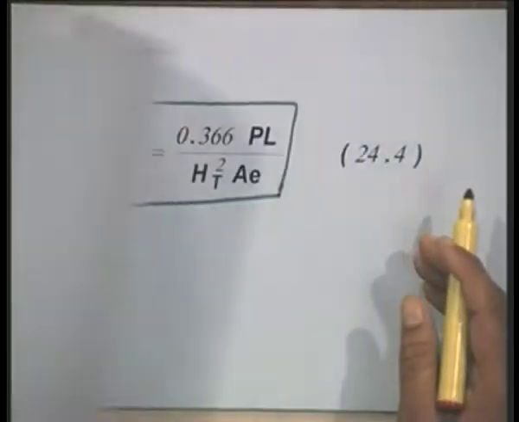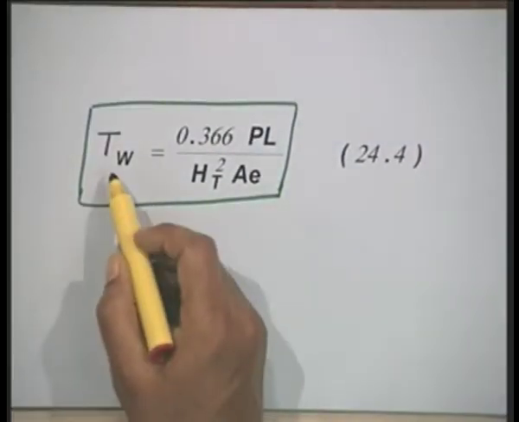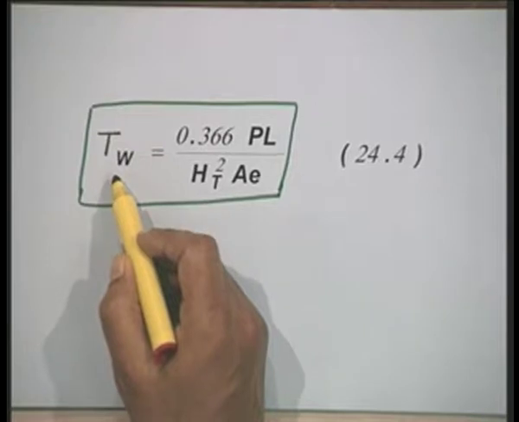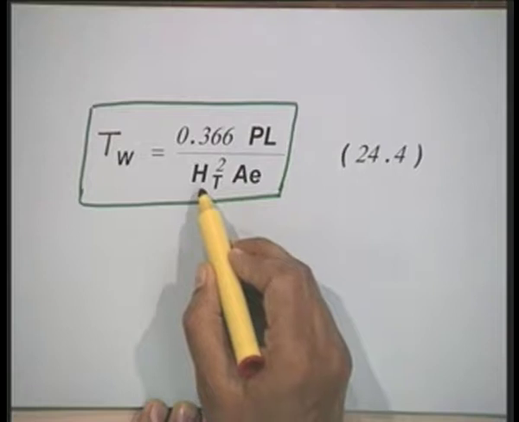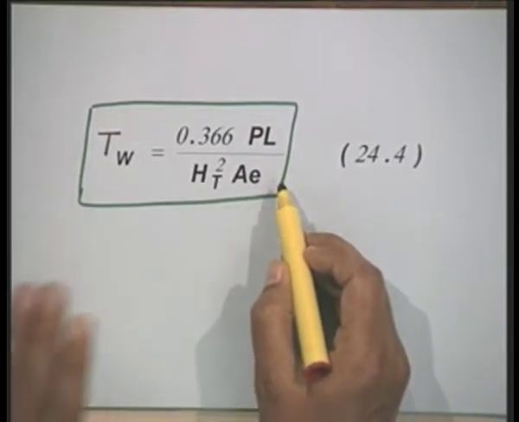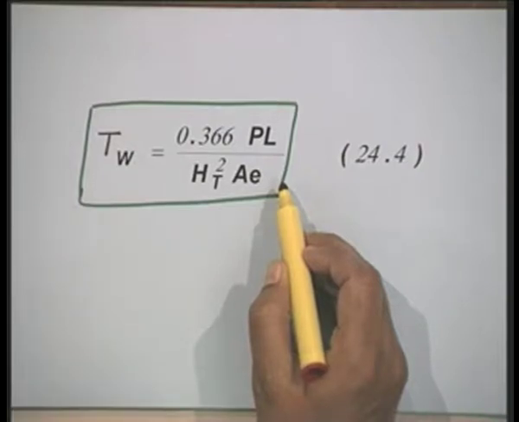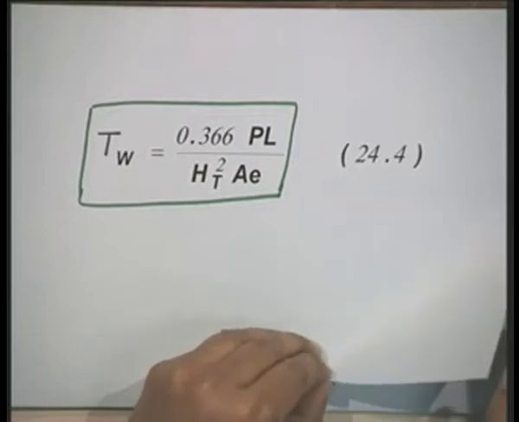When we make the substitution, we get the expression for water starting time constant TW equal to 0.366 P L divided by HT square A into E. Here the value of G has been substituted as 32.2. This time constant TW is a very important parameter so far as the model of the hydro turbine is concerned.